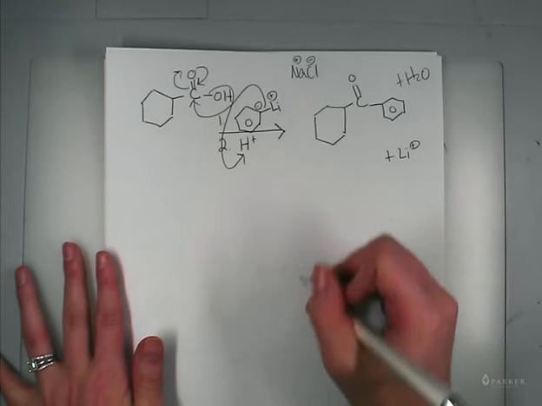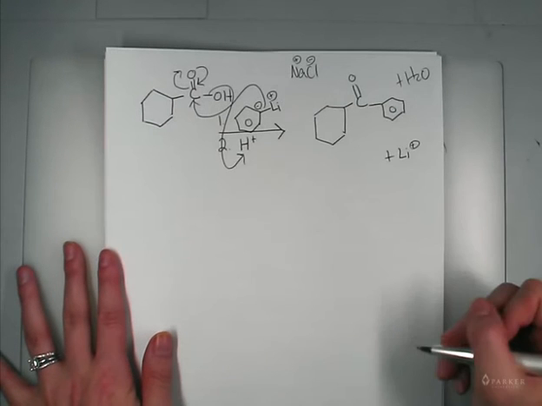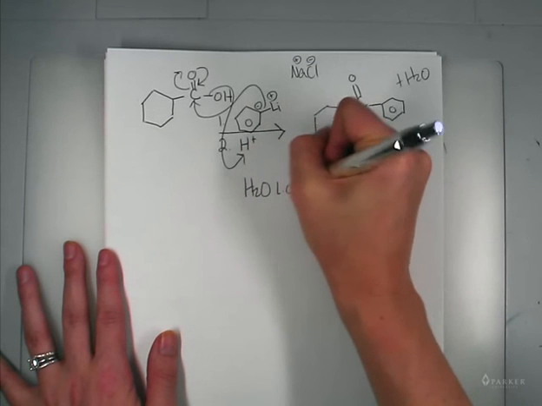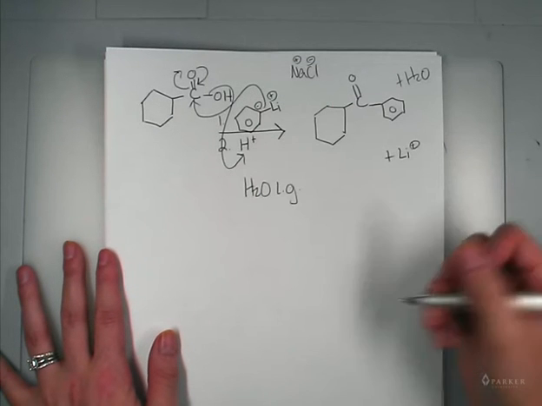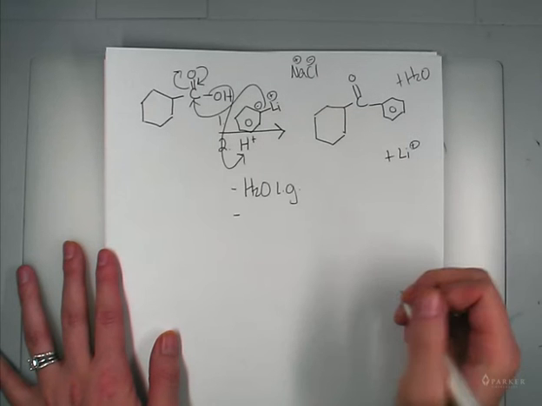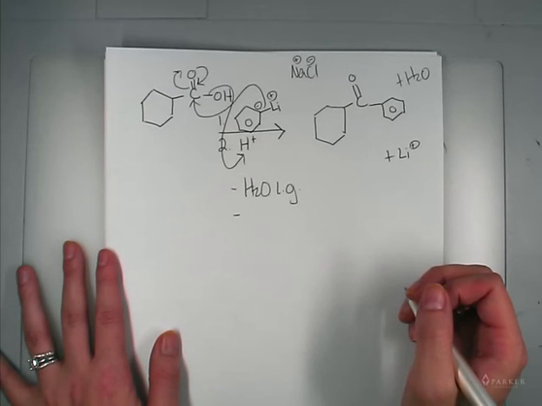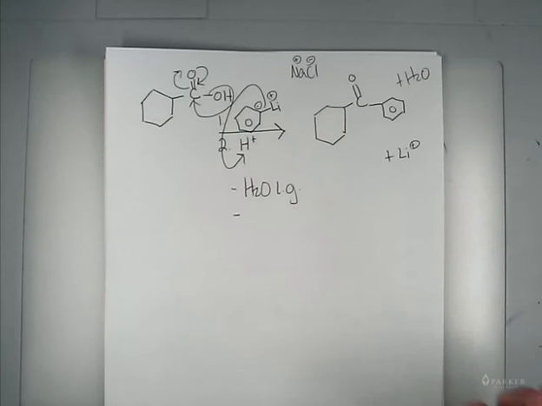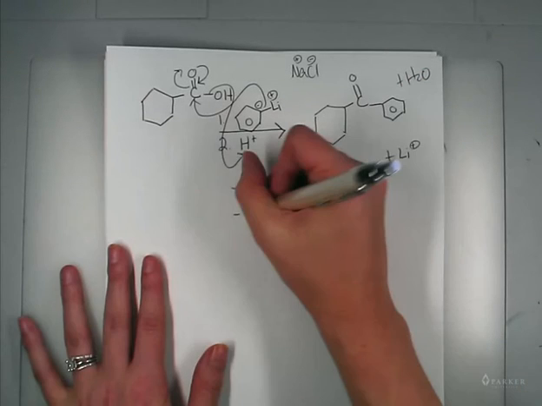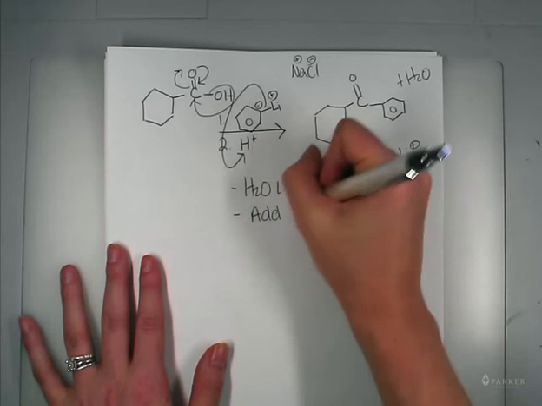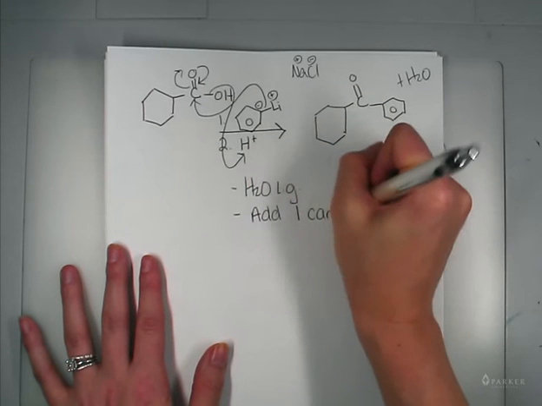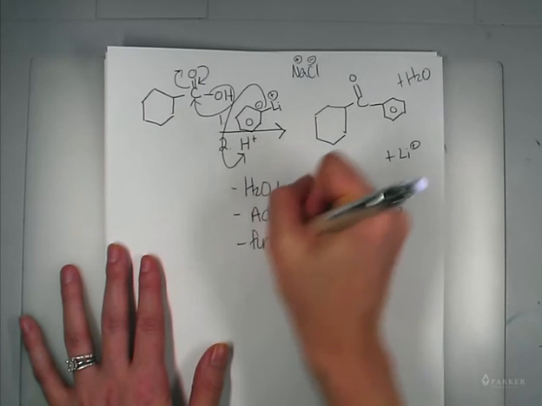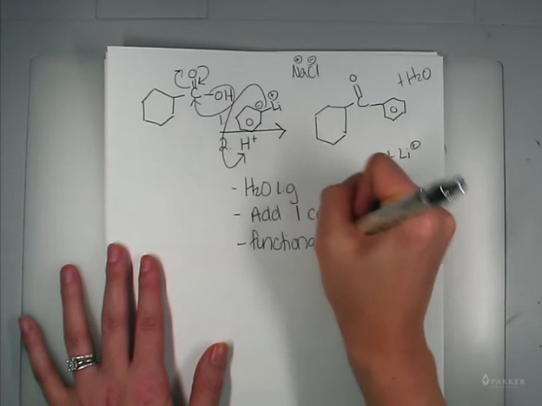Okay, so this is a way you're going to have, what's my leaving group? So I have water, leaving group, LG. And what am I adding? Well, in general, this one's benzene, but carbon group, and how many? 1. So let's put my functional group that I end up with.